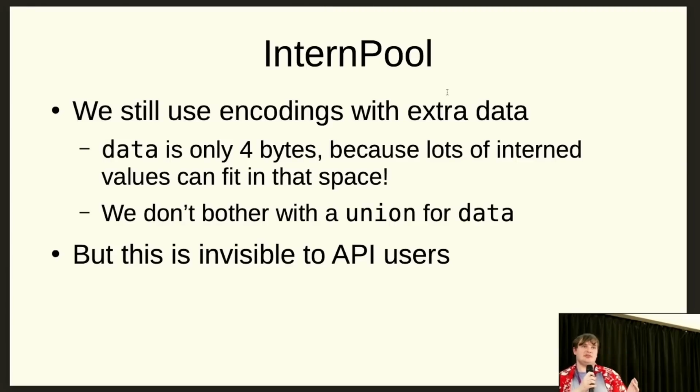We still use the same representation for actually storing this data, because it's a good representation. It's memory efficient, it's fast, it's serializable, it has all these nice properties. But it's not a nice thing to expose to the programmer. So we don't. It's invisible to the API users.